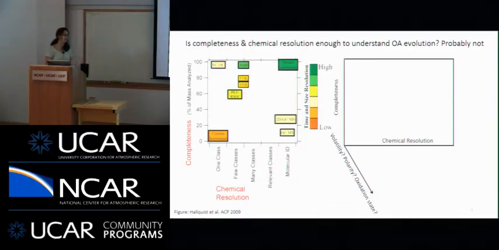But of course, that doesn't really help if we only measure 0.1% of the molecules in the atmosphere. There is a question of completeness. Now, this figure was really designed for thinking about aerosol chemistry, and it was obviously a few years ago, and we've had some shifts in the framework in which we think about aerosols.